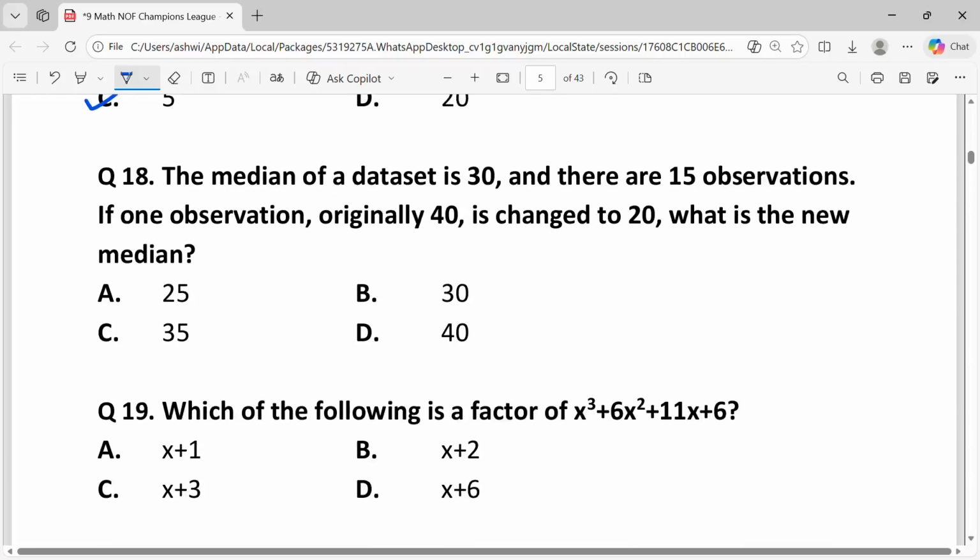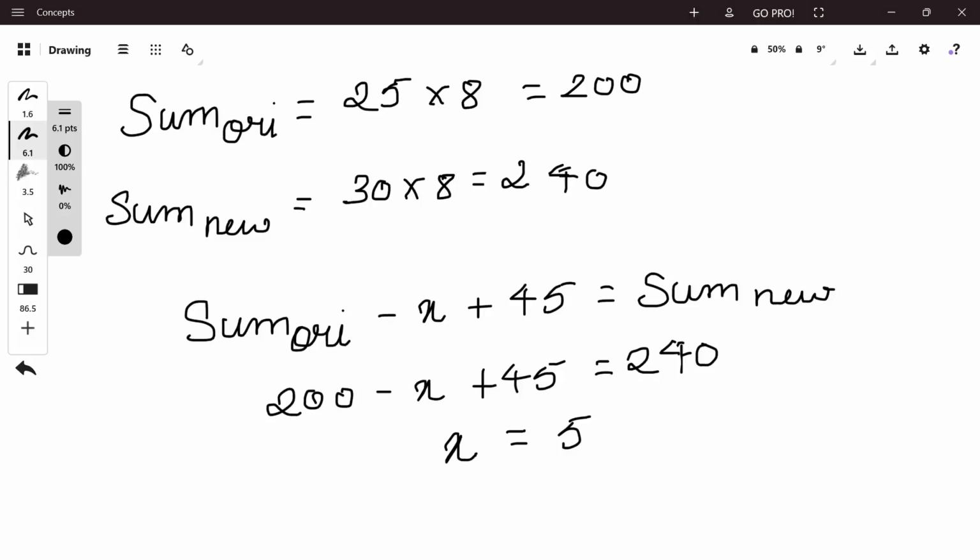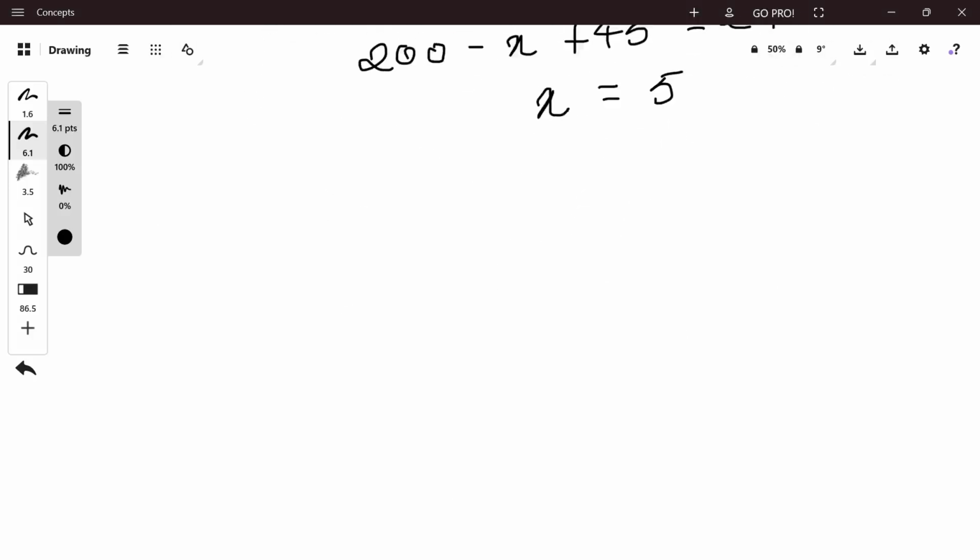The median of a data set is 30 and there are 15 observations. If one observation, originally 40, is changed to 20, what is the new median? With n equal to 15 observations, an odd number, the median is the value of the n plus 1 upon 2 term when the data is ordered.